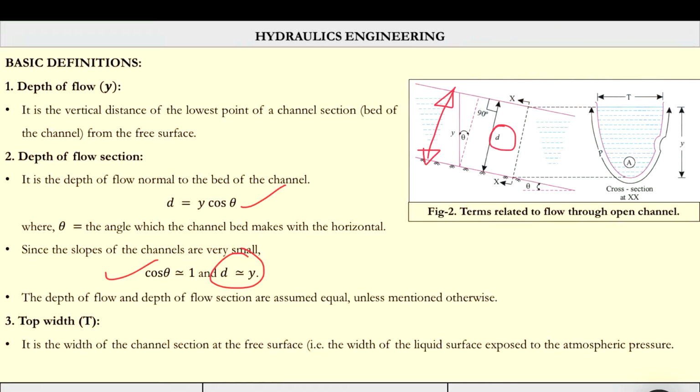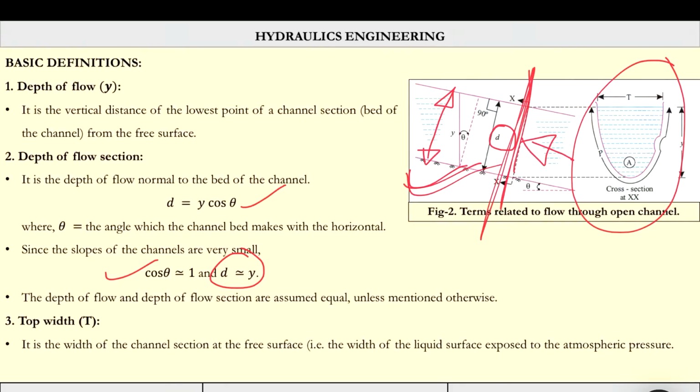Now what is top width? We are seeing this from the side. This is a side view of the channel. This is the cross-sectional view. We have cut the section here and we are looking from here. Top width is the width of the channel section at the free surface, whatever surface is exposed to atmospheric pressure.